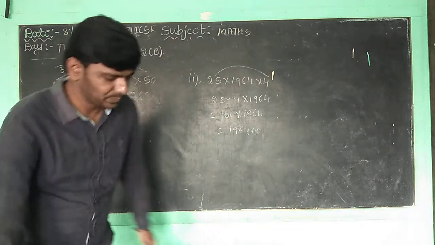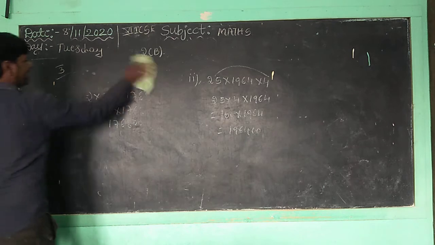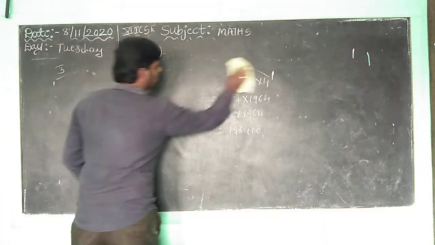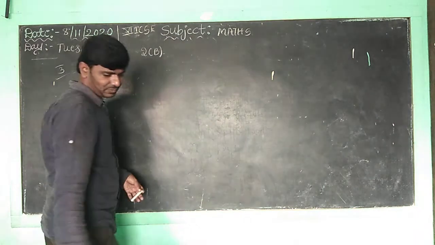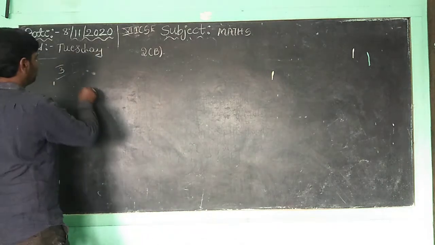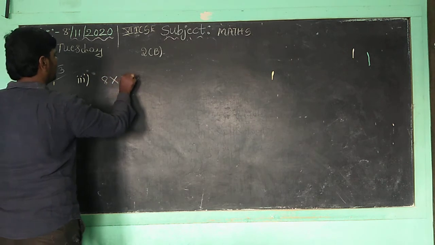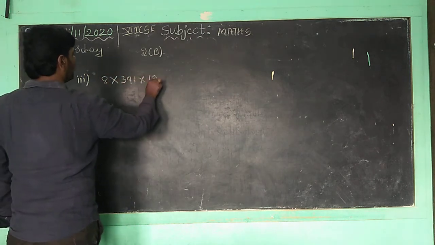What is that? C. Shall I proceed, children, with this one? So now we want to take the third one. What is that third one? So 8 into 391 into 125.